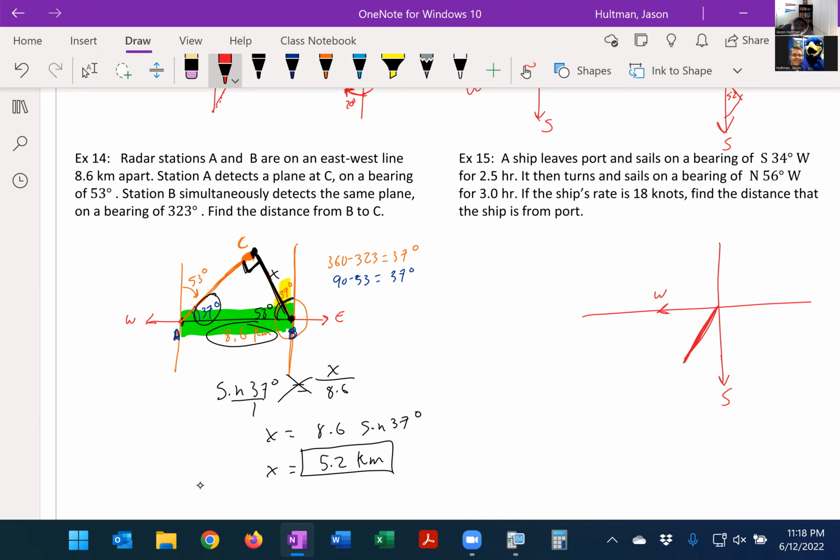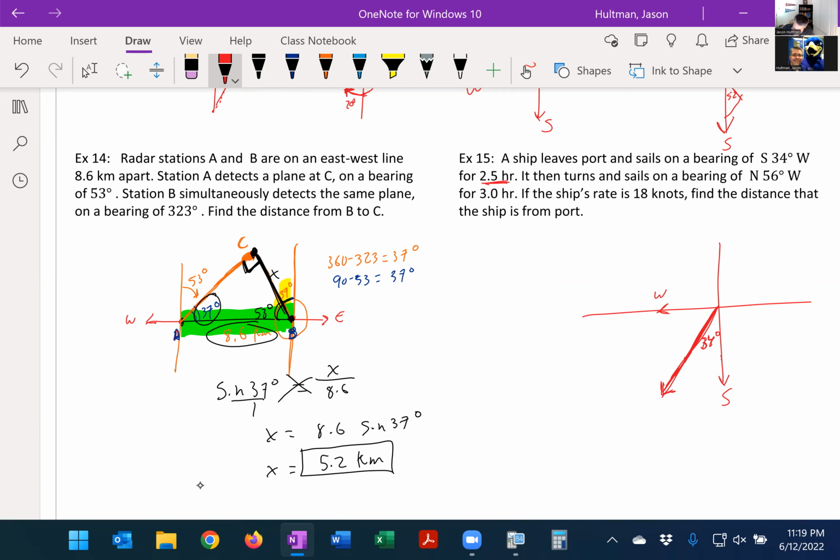So this guy here is 34 degrees west, and for 2.5 hours. We'll get to that 2.5 hours in a little bit.